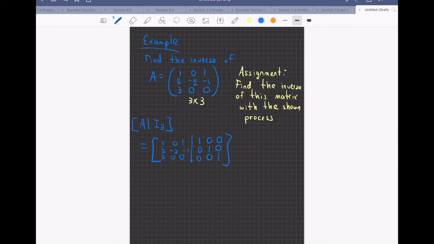You see that? As an assignment, you will have to show me all the steps when you find the inverse for this one. I won't do it here, okay? You will have to complete this exercise.